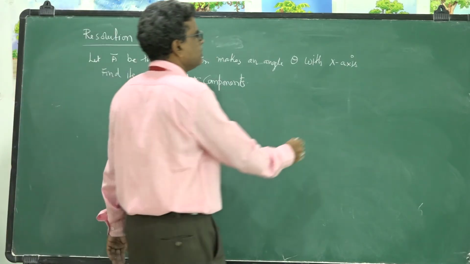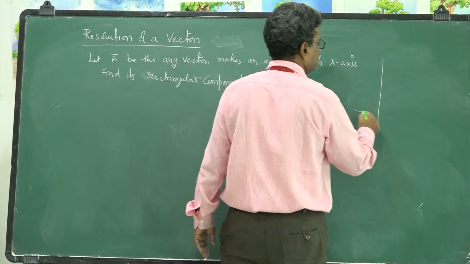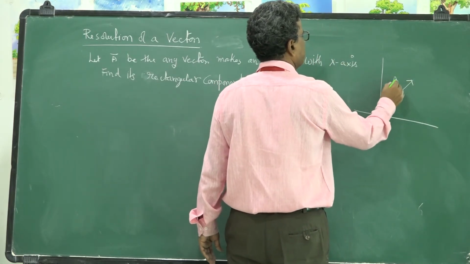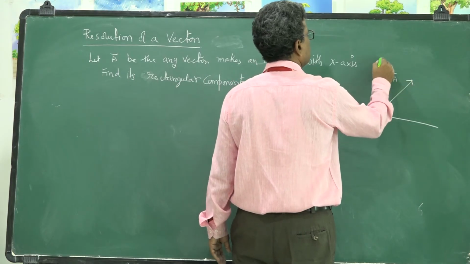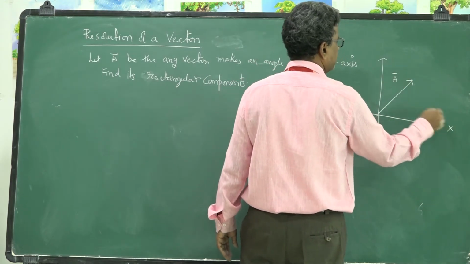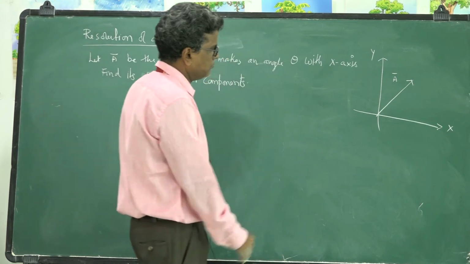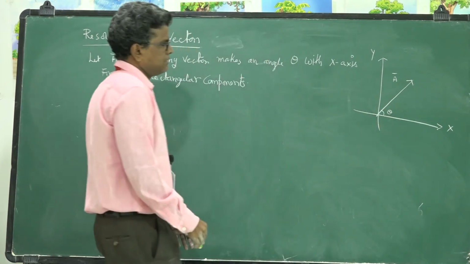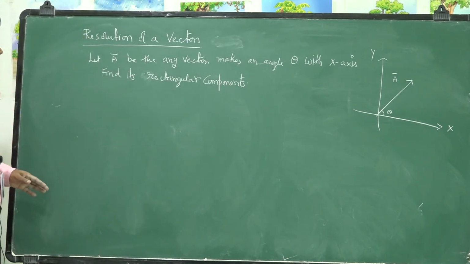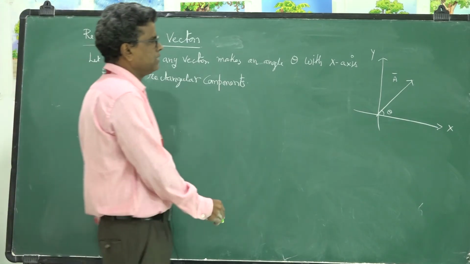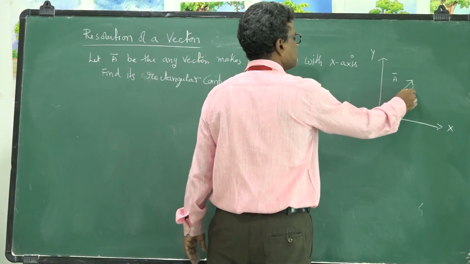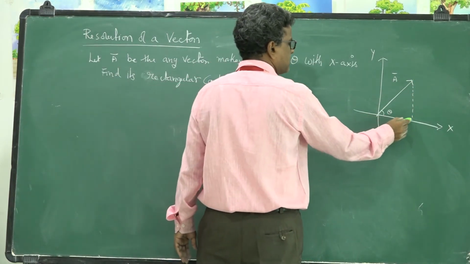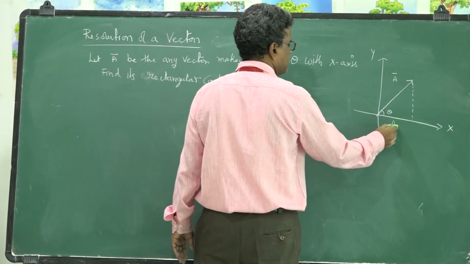Suppose this is a vector a bar. Let it lie in the xy plane, making an angle theta with the x-axis. This vector we can resolve into two components. So this is the x component, let it be ax.